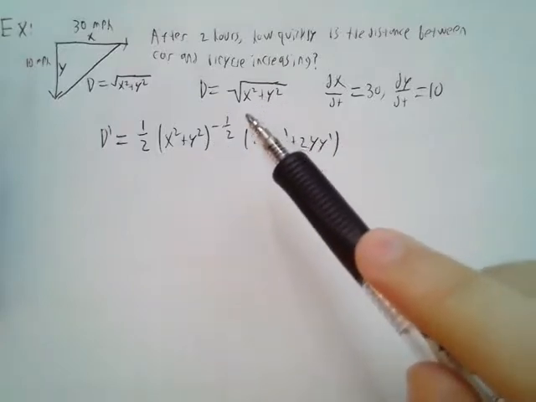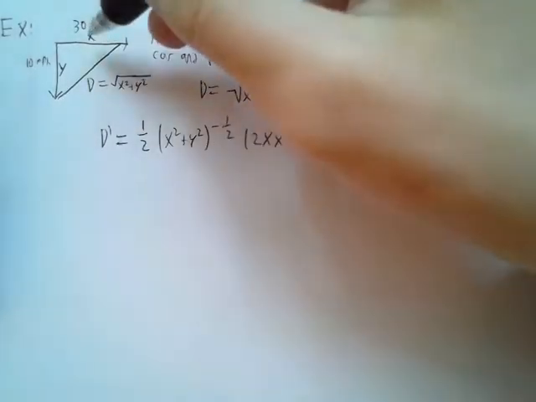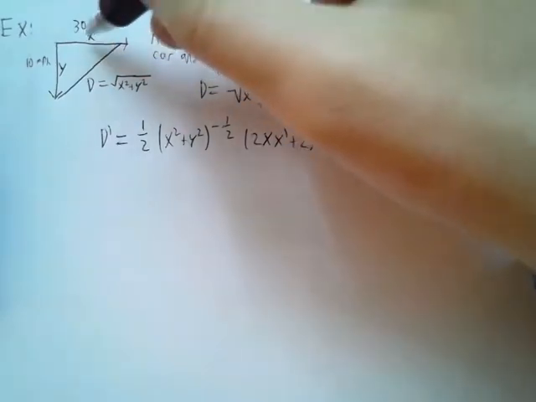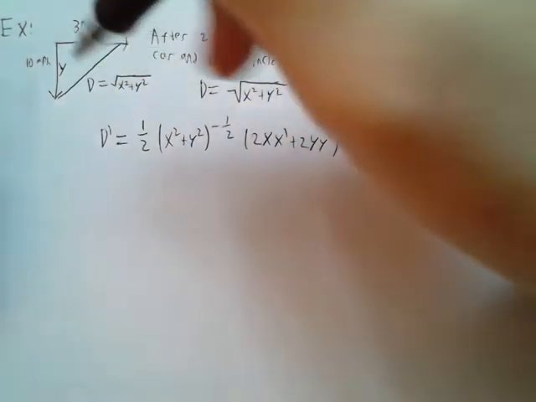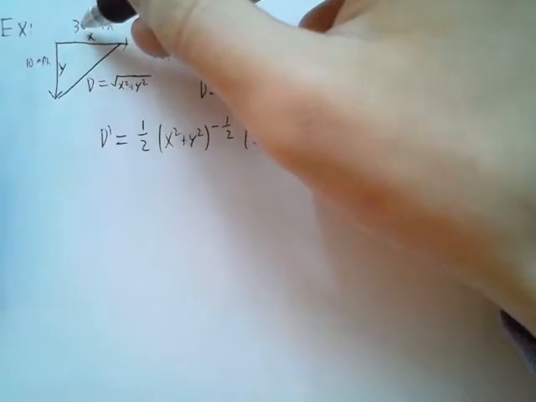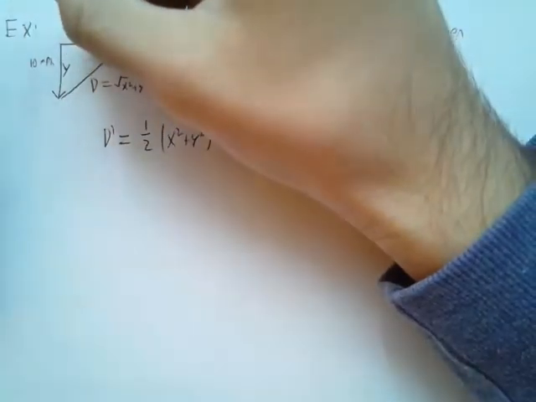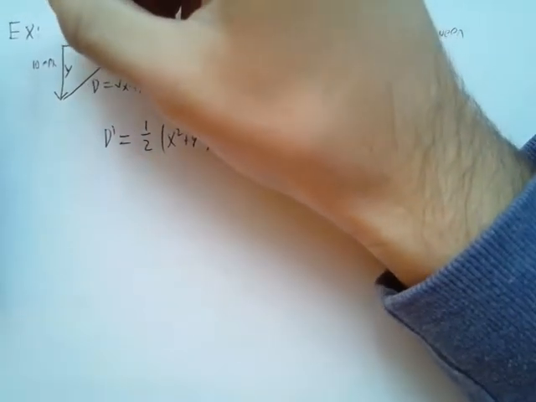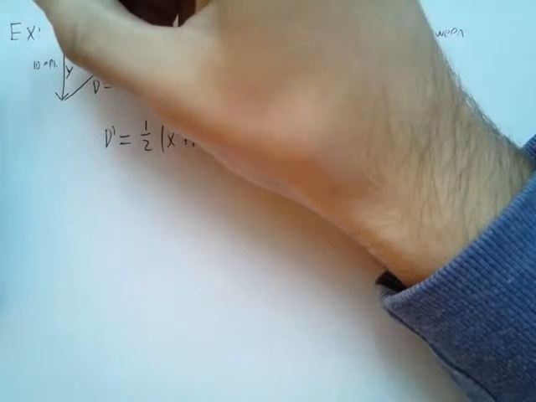Well, after 2 hours have passed, since the car is traveling at 30 miles per hour, it will have traveled a total distance of 60 miles. The bicycle is traveling at 10 miles per hour, so it will travel a total distance of 20 miles after 2 hours.